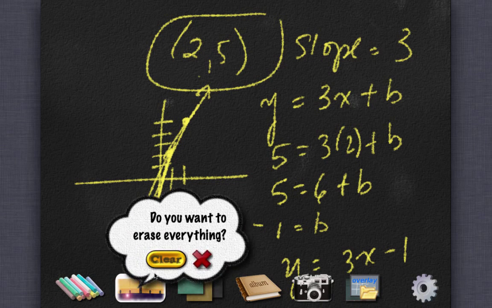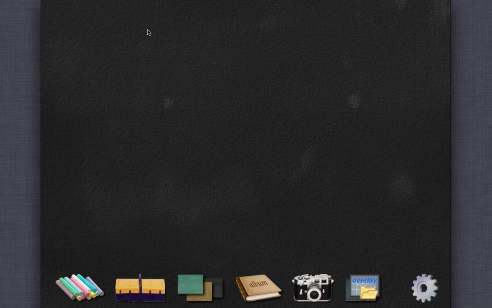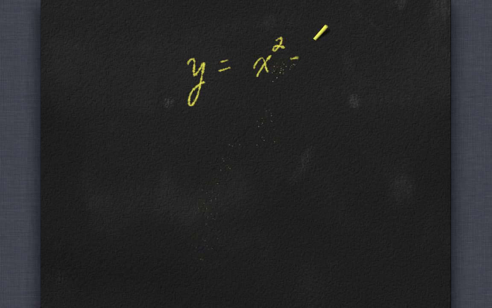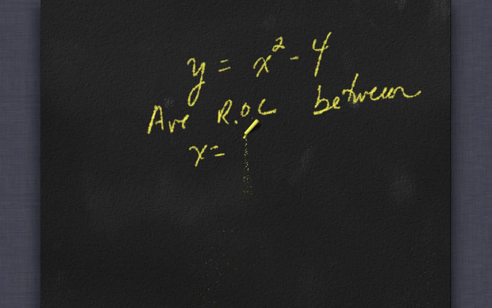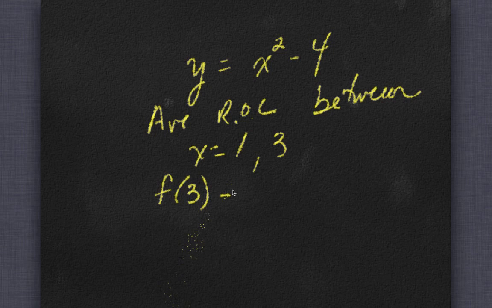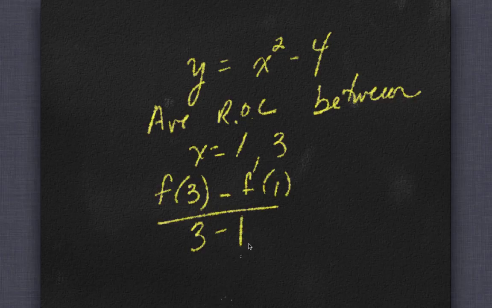I know you guys have seen lines before, so the only other thing maybe is to talk about average rate of change. The average rate of change between 2 points on a graph is the slope between the 2 points. So if you have, say, y equals x squared minus 4, and you want the average rate of change between x equals 1 and x equals 3, then you take y for 3 minus the y for 1, over x at 3 minus x at 1.